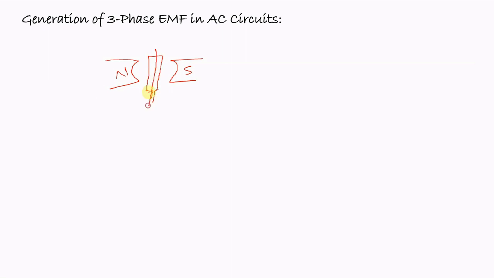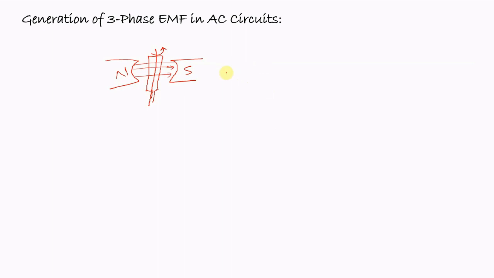If the coil is made to rotate in the anti-clockwise direction within the magnetic field, then the EMF will be induced in the coil sides. This concept we have already seen in the single phase AC supply system.